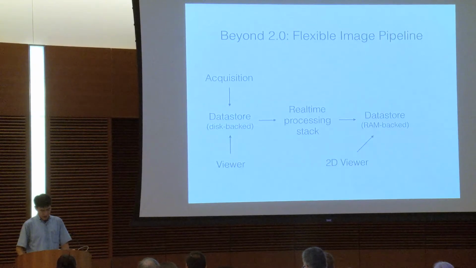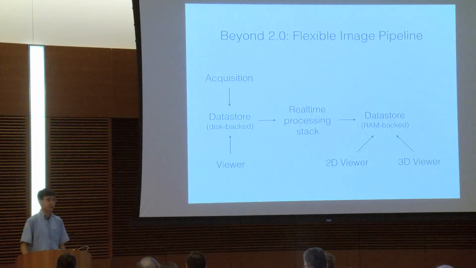And we already have in 2.0 the capability to attach multiple viewers to a single data set, but that could enable us to incorporate different types of viewers. So for example, we could have a 3D viewer dynamically displaying images as they're acquired. So maybe things like Clearview could be integrated with this, and real-time processing could do things like deconvolving 3D stacks on the fly.